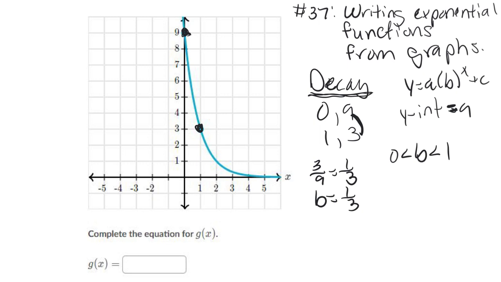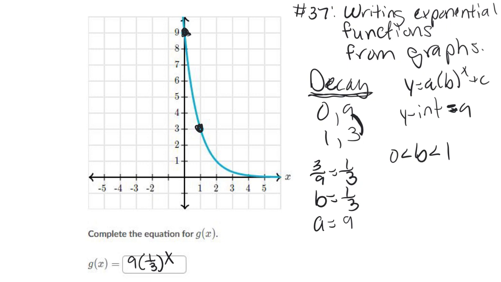Okay, so I have my b, and I have my a, which was given to me, which is 9. So now I can simply write my function, g of x equals 9 times 1/3 raised to the x power.